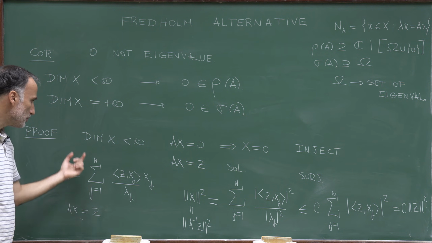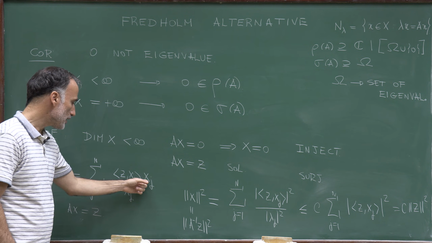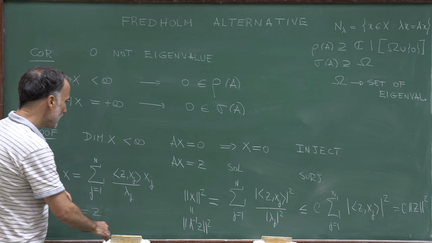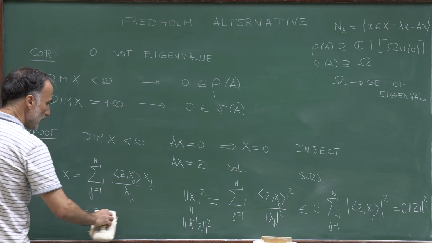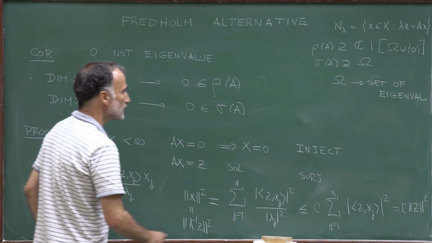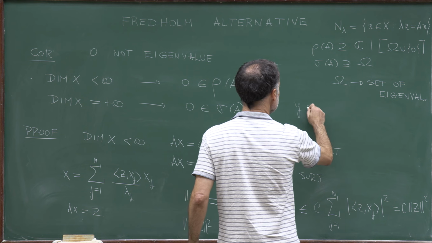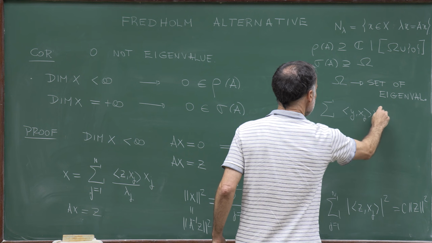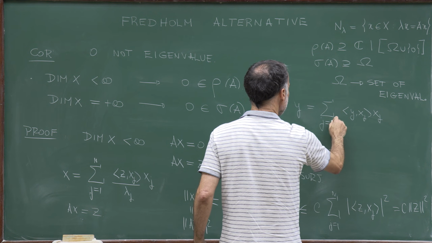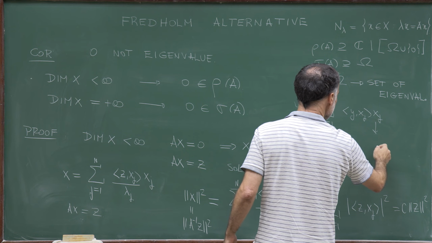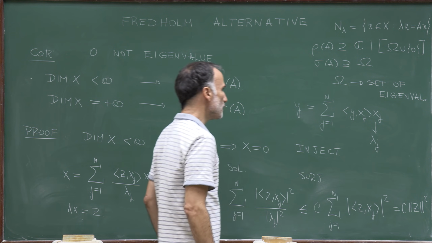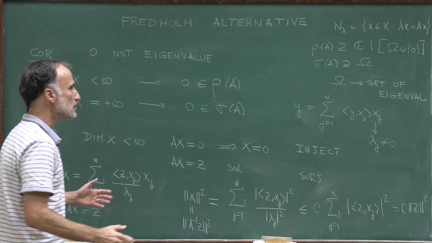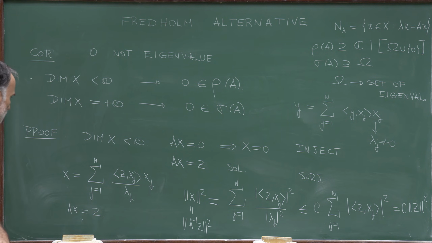So any y in X can be written as the sum of (y, xj) xj for j from 1 to n, where xj is an eigenfunction associated to the eigenvalue lambda j, and lambda j is different from 0. This comes from the fact that 0 is not an eigenvalue.